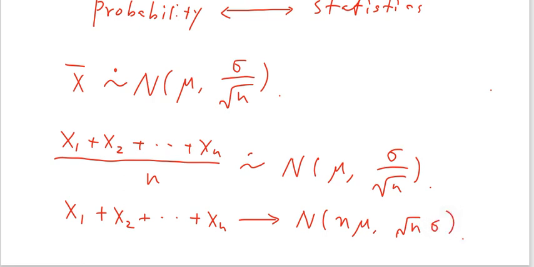Or in terms of variance, the mean is n mu and the variance is n sigma squared. So this is the central limit theorem.